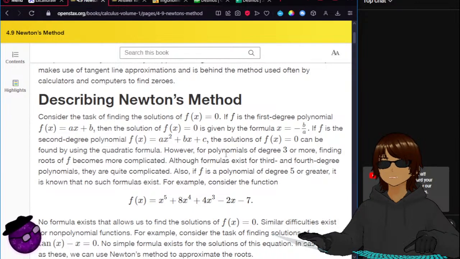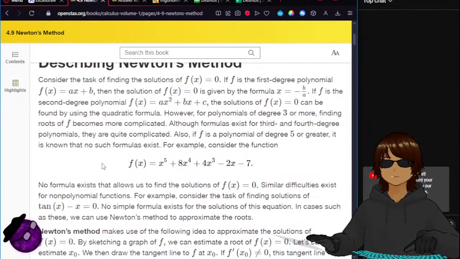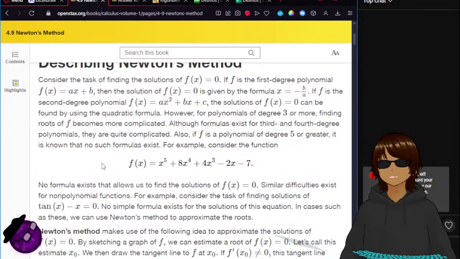However, for polynomials of degree 3 or more, finding the roots of f becomes more complicated. Although formulas exist for third and fourth degree polynomials, they are quite complicated. Also, if f is a polynomial of degree 5 or greater, it is known that no such formulas exist.